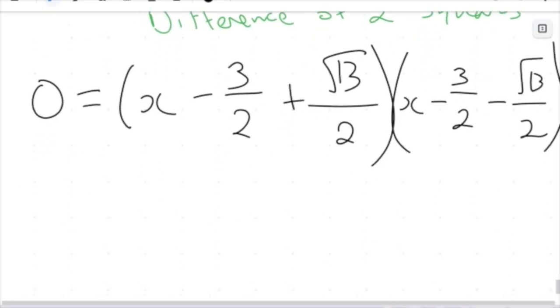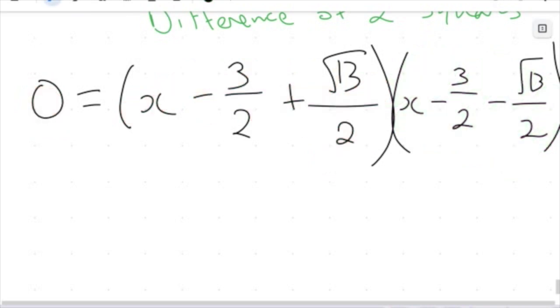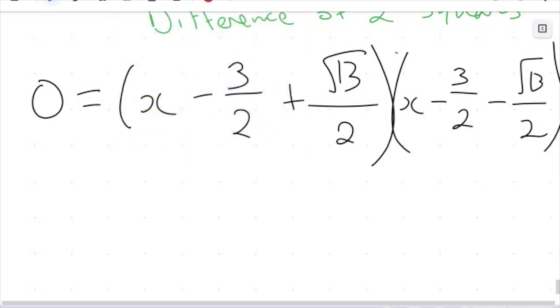Okay, so now we want to use our null factor law. We notice that in order to get a solution of 0, one of these has to equal 0. That's the only way we can get that as a solution, because we have a product here. These are multiplying, so in order to get 0 as an answer, one of the numbers multiplying by one another has to be 0.